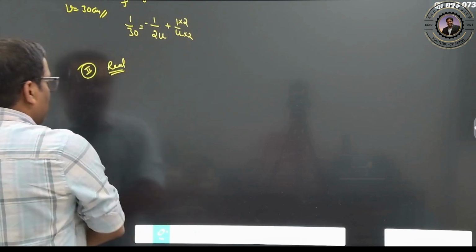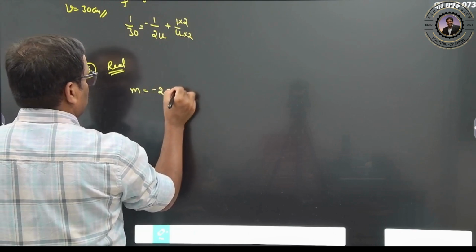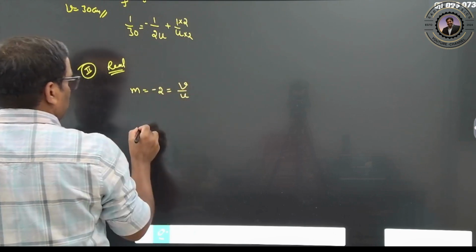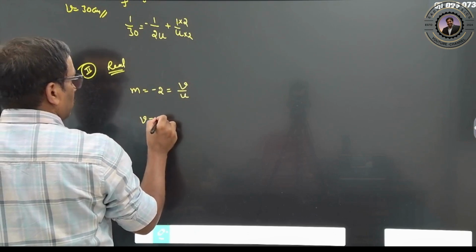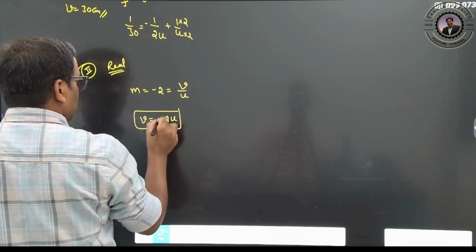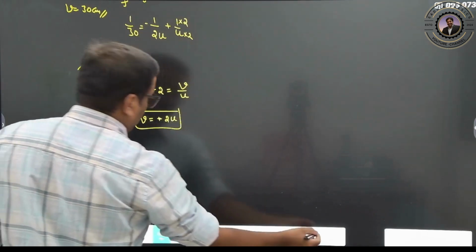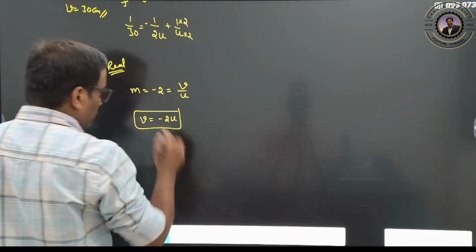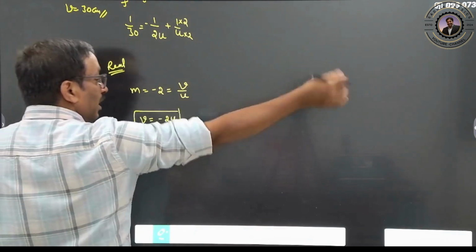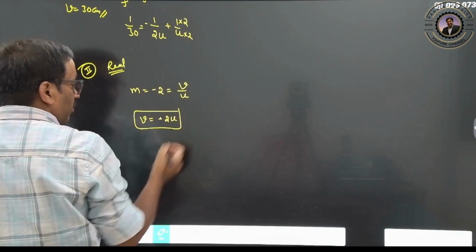For the real image, magnification will be negative, minus 2. So v by u, therefore v is equal to minus 2u. Because it is on the negative side, u will become positive.